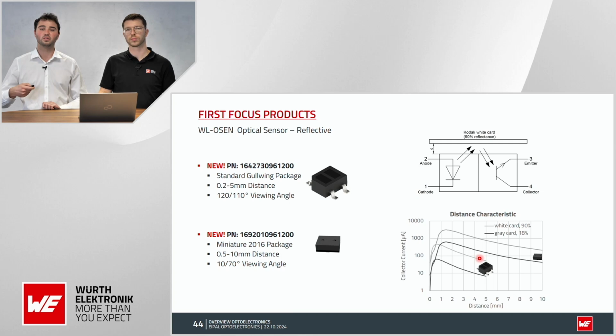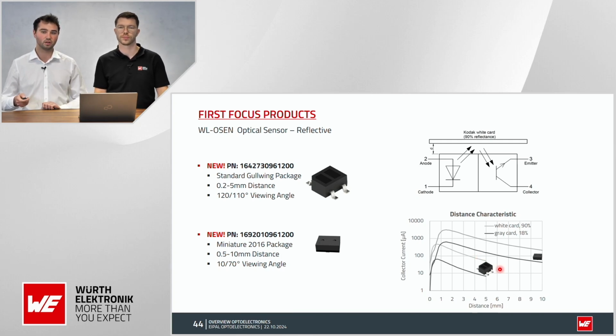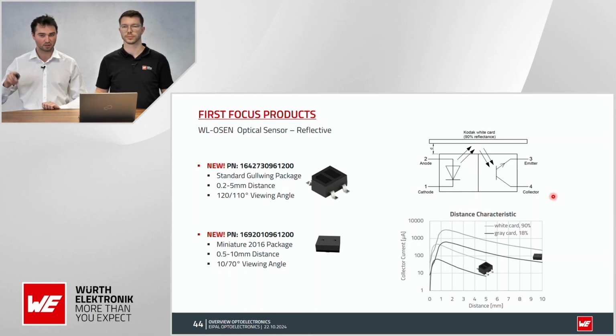Of course, you can go even higher if you make sure that you don't get any noise from ambient light, and if you are able to filter out the ambient light. You can do this by modulation of the LED. If you modulate the LED and then take only the signal that is being modulated, you can filter out the ambient light. Then you can increase the distance.